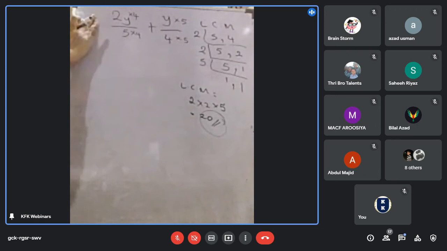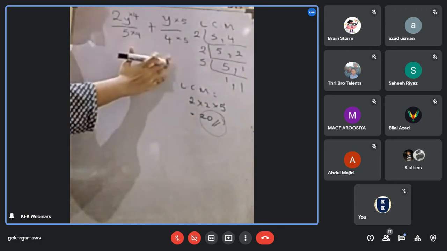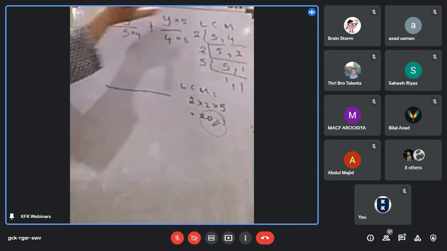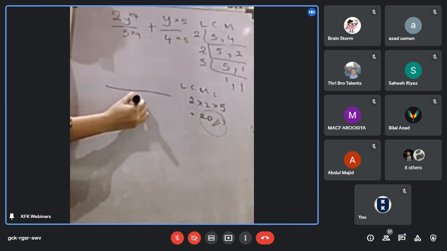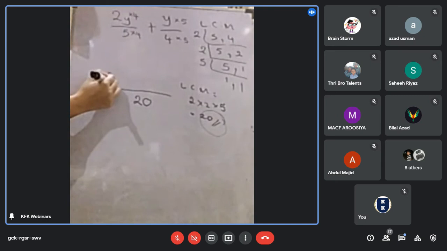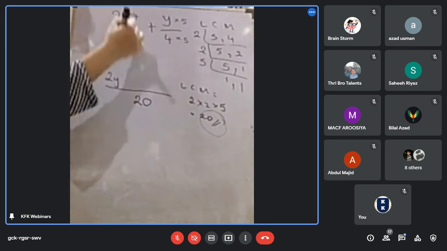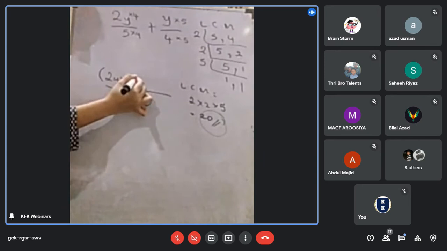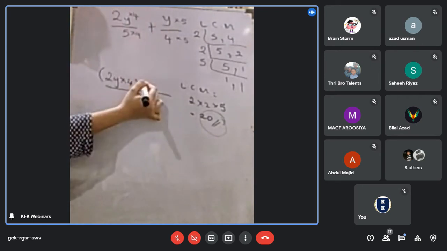Okay. Now, before we go to the numerator, let's go to the denominator. First, we'll make the denominator common for both the fractions. So that's going to be 20. Now, we'll take 2y. So what is this? 2y multiplied by 4. Let's bracket this. You bring the addition sign down.